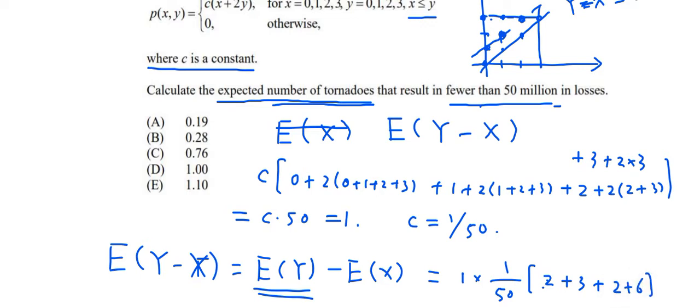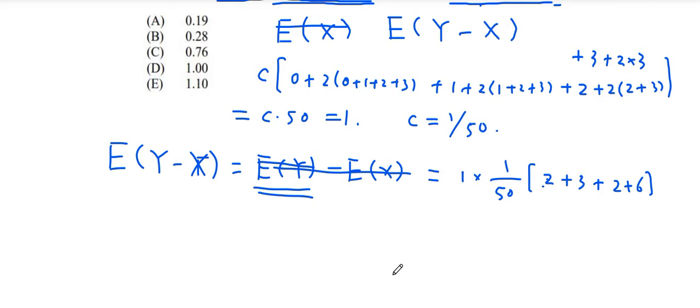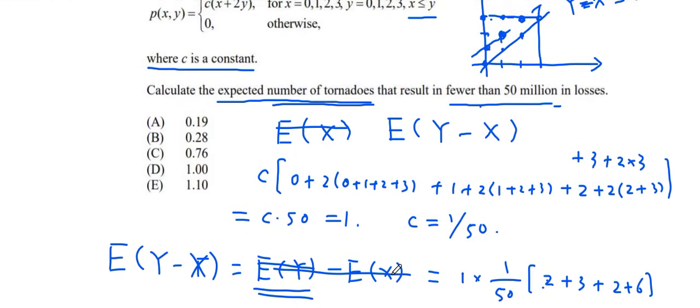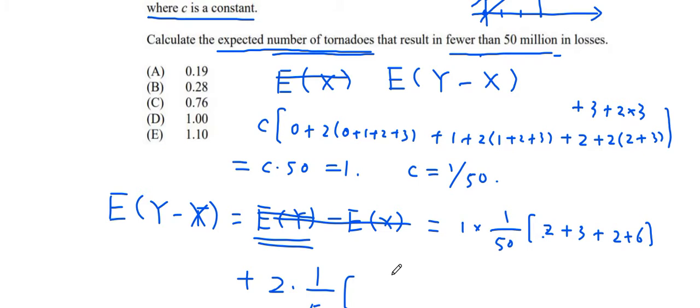Okay, so this is for Y minus X equal 1. Plus 2 times the probability that Y minus X equals 2. We have 2 points. One is X equals 0, Y equals 2, so this is 2Y equals 4.